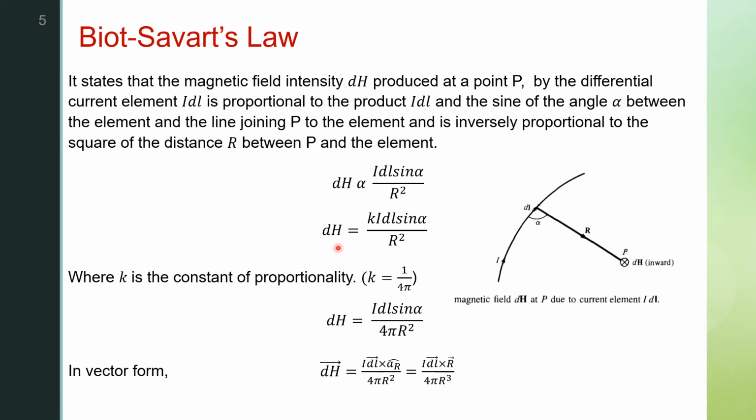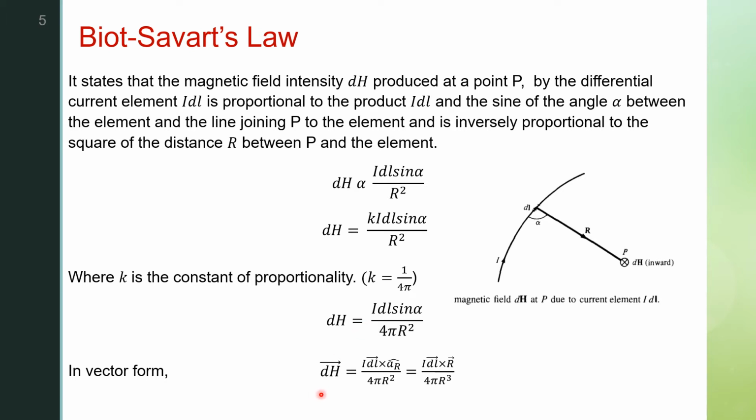So dH is equal to k I dL sine alpha by r square, where k represents the constant of proportionality and its value is equal to 1 by 4 pi. Substituting k equal to 1 by 4 pi in this equation, we get dH equal to I dL sine alpha by 4 pi r square. The same expression we can represent in vector form.